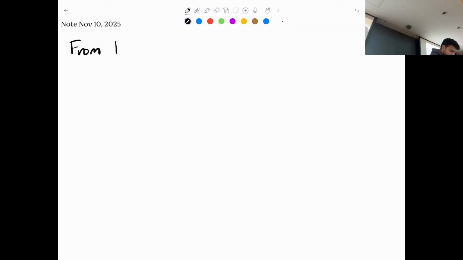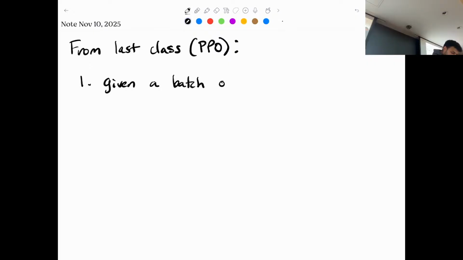So from last class, where we focused mainly on the PPO algorithm, we have basically four-ish high-level steps. The first is we're given a batch of prompts, and let's say there are B different prompts in this batch, X1, X2, XB.